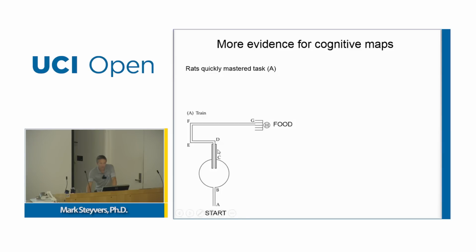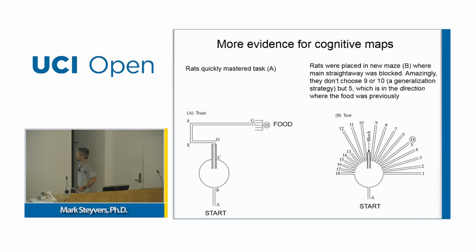If you place an animal in this very simple, non-maze-like situation where they just start at this point and they have to only learn that they just have to go straight ahead through these sets of corridors to receive some food, then they will display very interesting generalization behavior, where in this new maze, if you block the entry that was previously leading to the food, the animals don't go to the nearby walkways, like 9 and 10, which would be predicted by classical operant conditioning, that they would generalize. They actually go to number 5.